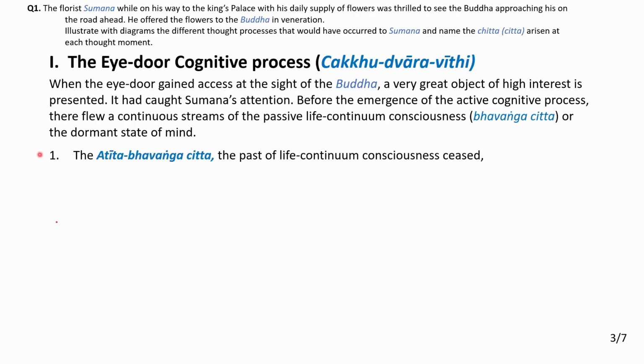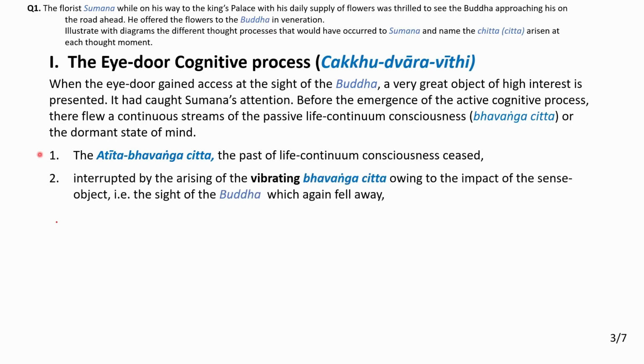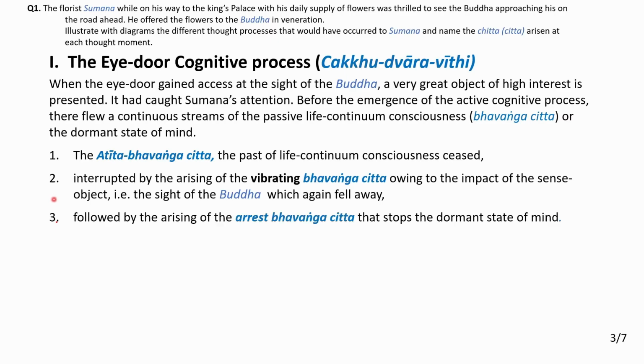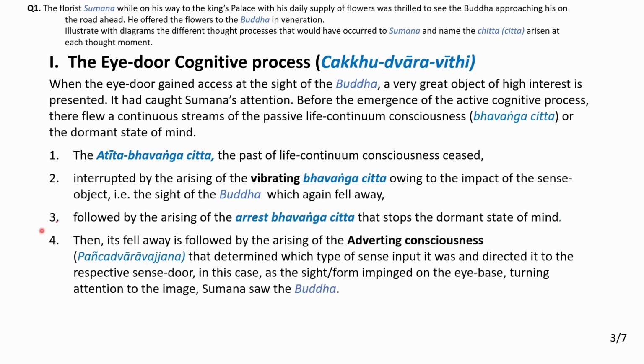Firstly, the atita bhavanga citta, the past life continuum consciousness, ceased. Then it is interrupted by the arising of the vibrating bhavanga citta, owing to the impact of the sense object, the Buddha, which then fell away. Then followed the arising of the arrest bhavanga citta that stops the dormant state of mind.